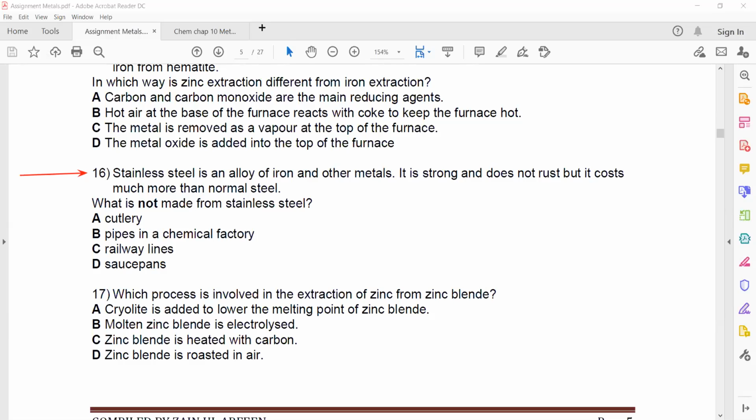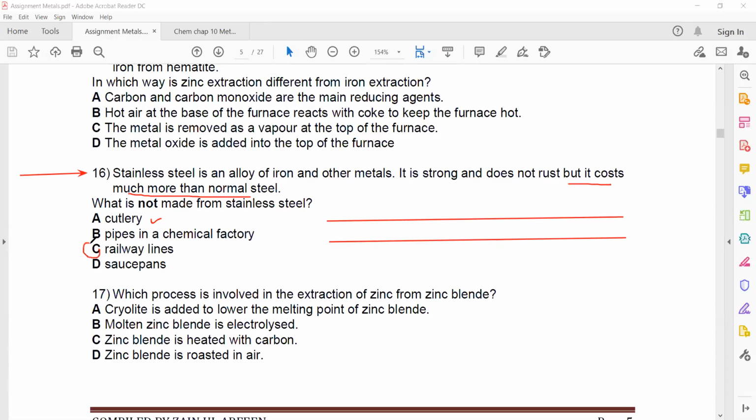Look, we use for cutlery, in a chemical factory pipes, but why the answer is given in the question they mentioned, but it costs much more than normal steel. For railway lines, because these railway lines are several kilometers long, so it will increase the cost of just putting a track for the rail or putting a railway track. That's why we don't use it for railway lines.